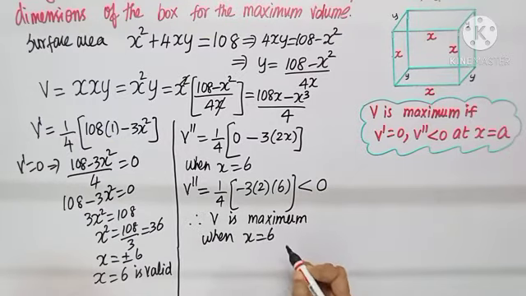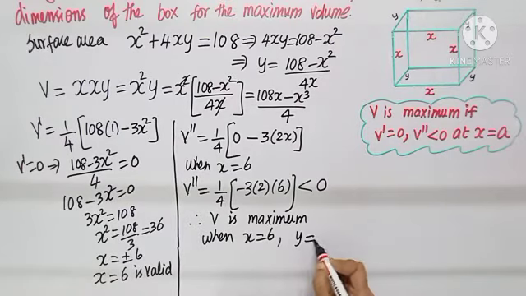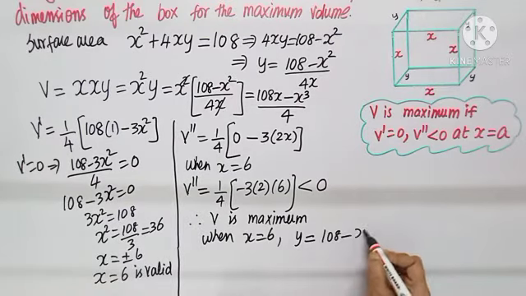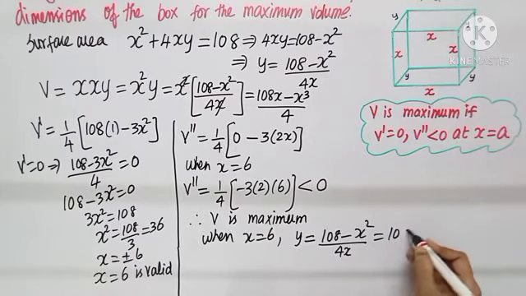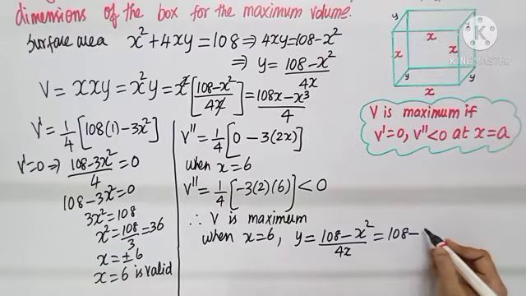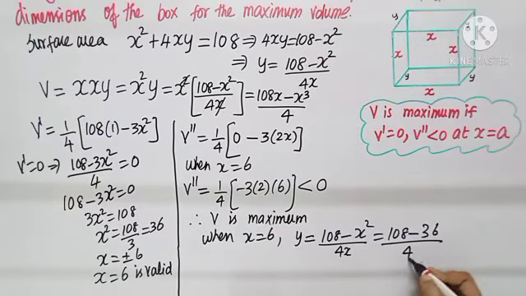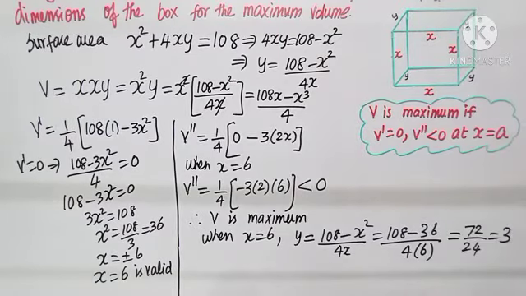If x is equal to 6, find out what is y. Y equals (108 minus x square) by 4x. That is (108 minus 36) by 4 into 6. 72 by 24, which is 3. So x is equal to 6 and y is equal to 3.